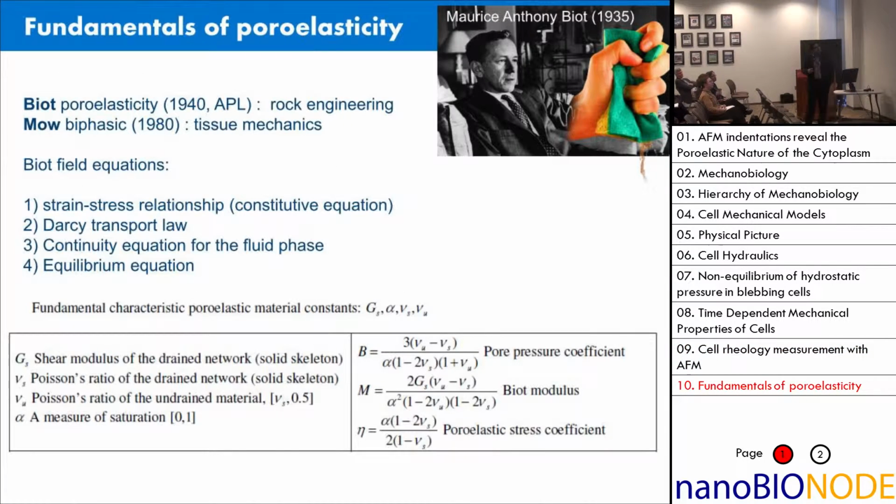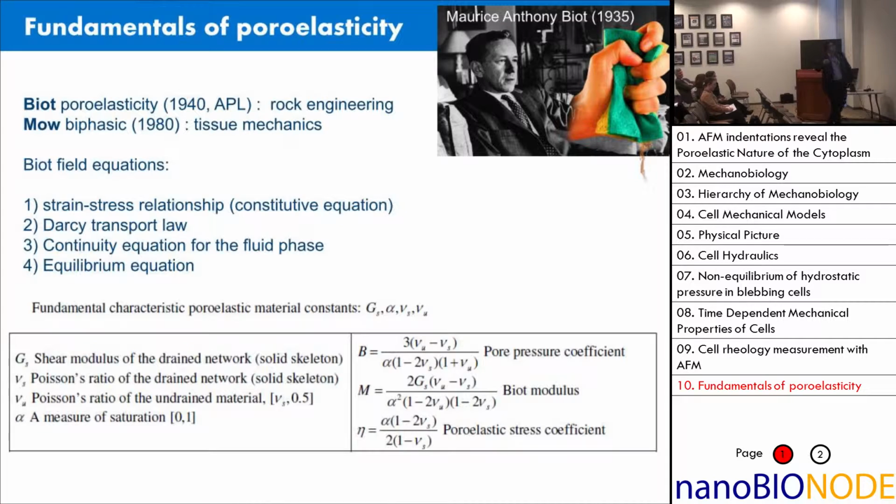For this, I'm going to talk a little bit more about what's important and unique to poroelastic material. Poroelastic theory was first developed by Biot in 1940, and then it was reframed by Rice and Cleary in 1976. It's basically four constitutive laws. The stress-strain relationship is similar to the stress-strain relationship in a solid.